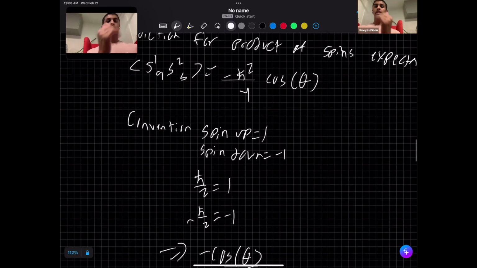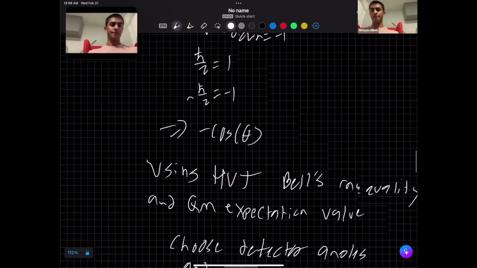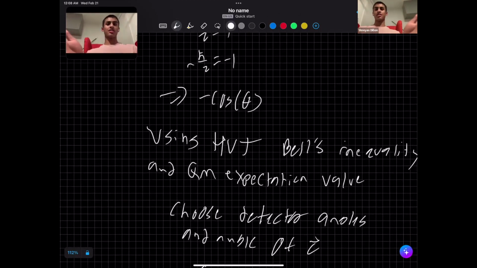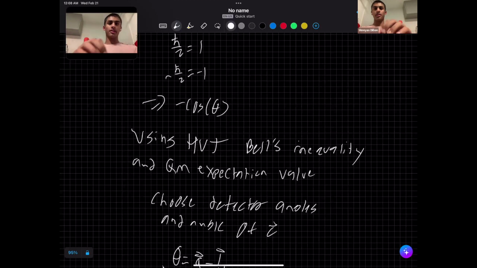But continuing with our convention of making spin up 1 and spin down negative 1, spin up in this notation is h bar over 2, and spin down is negative h bar over 2. So changing those to just 1 and negative 1, we just get negative cosine of theta. So now we have what our expectation value is going to be for the hidden variable theories, which is what we just derived, and the quantum mechanical expectation value, which we just found here.